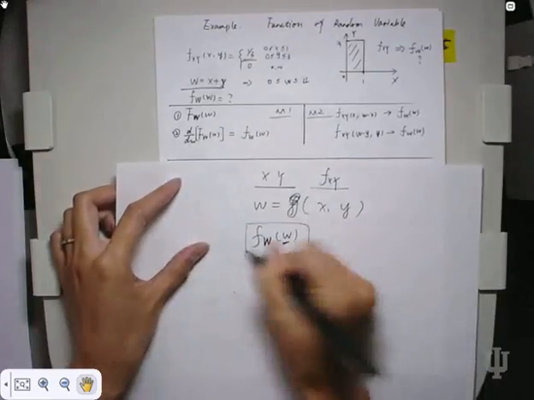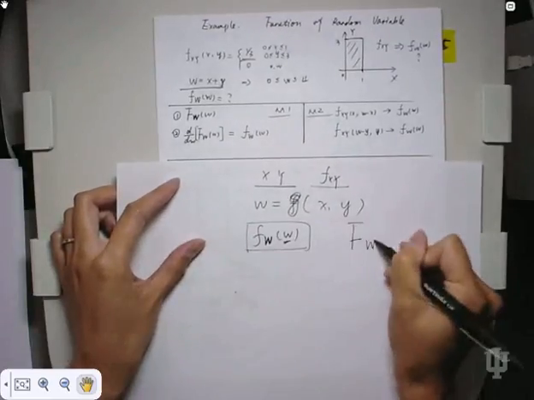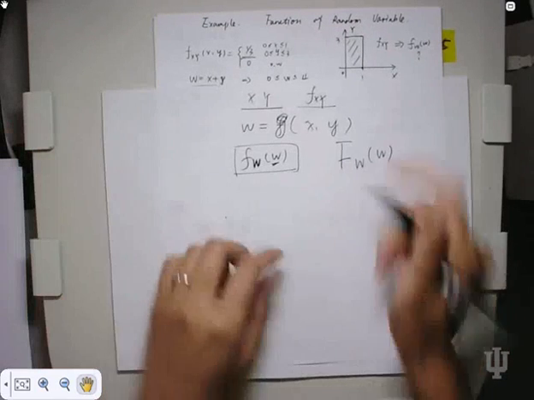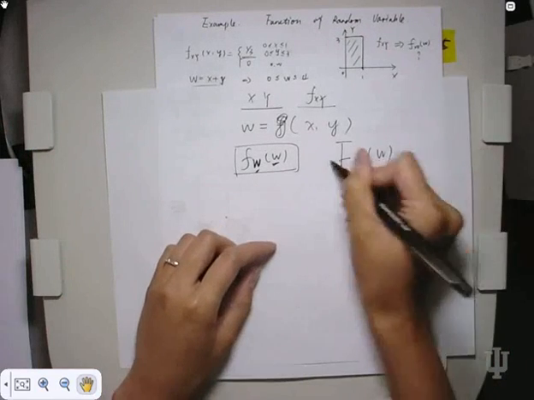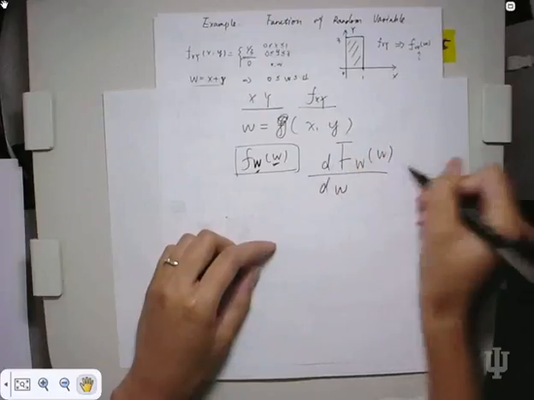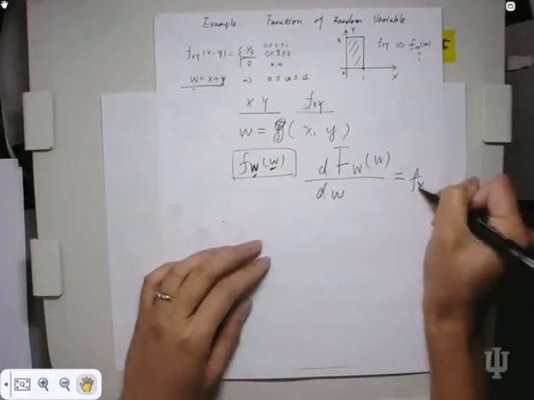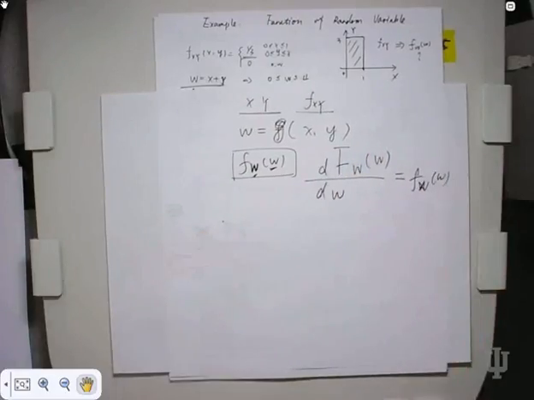One way to do it is you first find the CDF of this function w and take the derivative, to get the density function, little f.